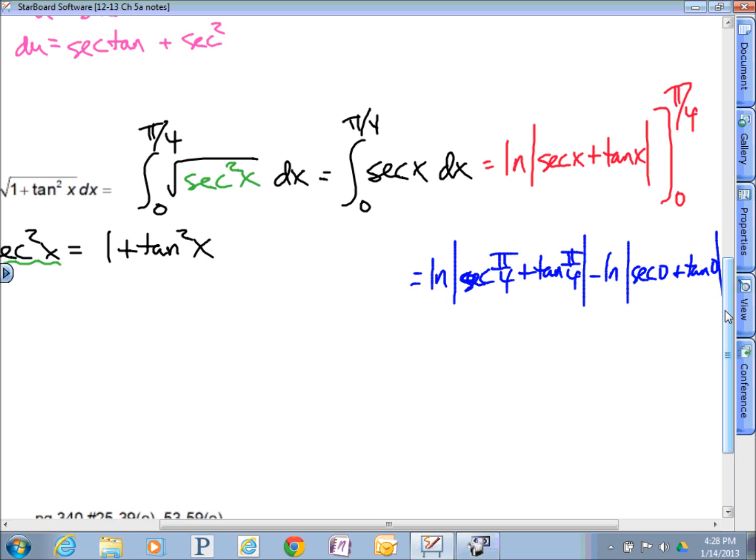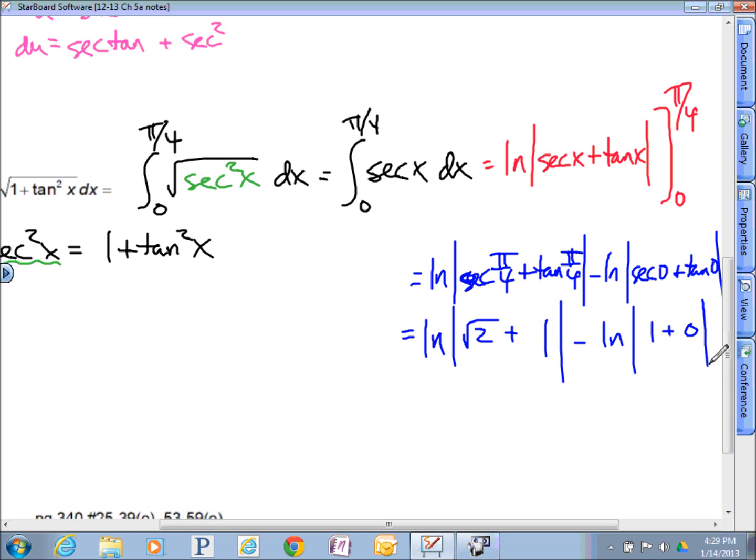Well, let's see, pi over 4, that's 45 degrees. So cosine of pi over 4 would be 1 over root 2, so secant would be root 2, plus tangent would be 1, minus natural log, secant of 0 would be the same as cosine of 0, which is 1, tangent of 0 is 0.